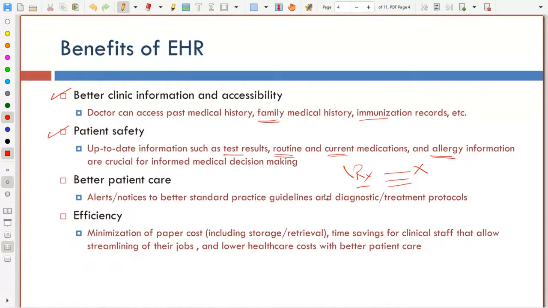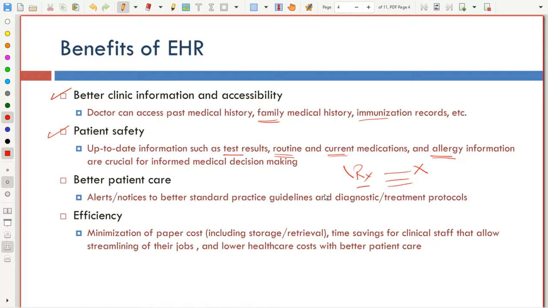The doctor should know that. With the EHR, whenever the doctor prescribes the medication, he prescribes it from within the EHR. And the EHR checks that medication against the known drug interactions with the present and the routine medications that the patient is taking.